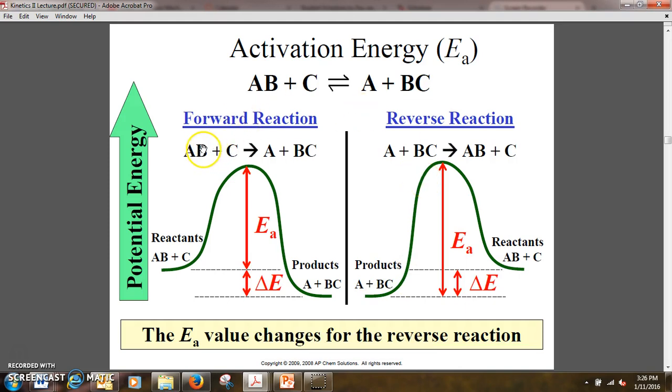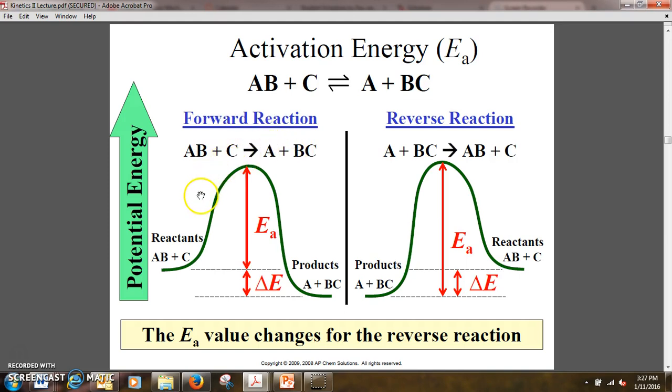The reason that this reaction proceeds from AB plus C to A plus BC is because there's less activation energy going forward than there is going in the reverse direction. This is why some reactions will generally go easier one way than the other.